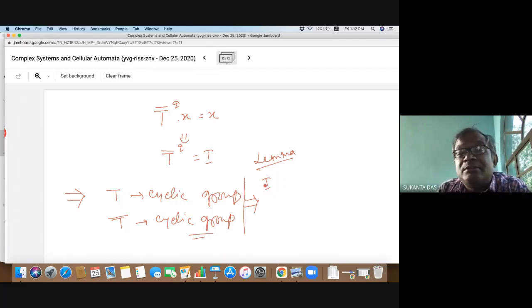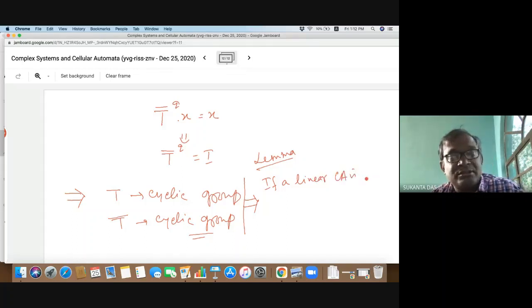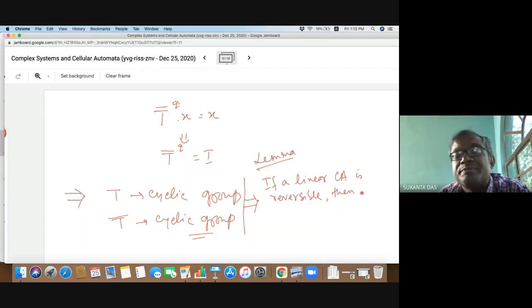So the lemma says that if a linear CA is reversible, then any of its complement is also reversible.